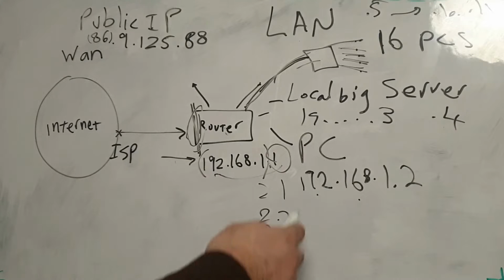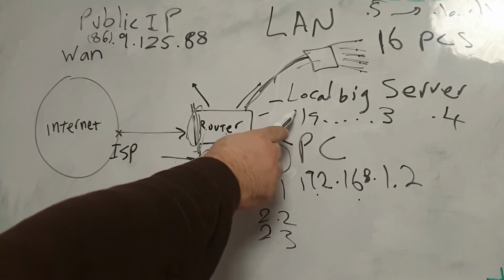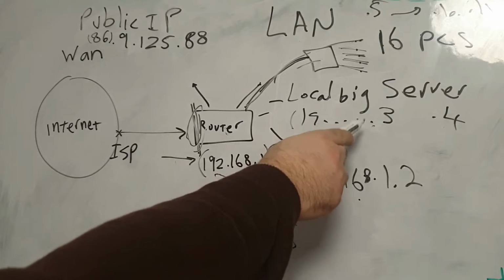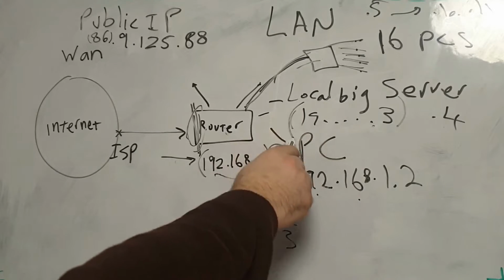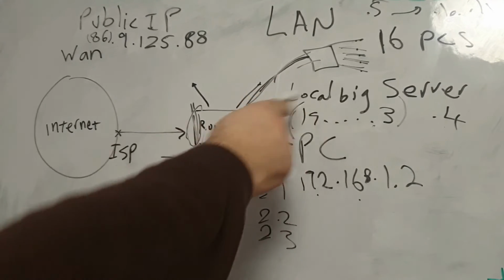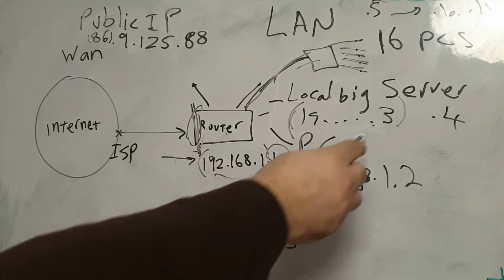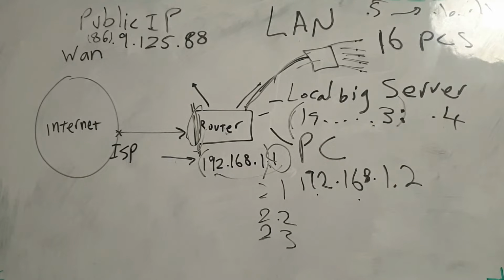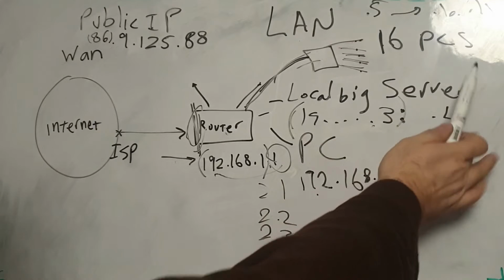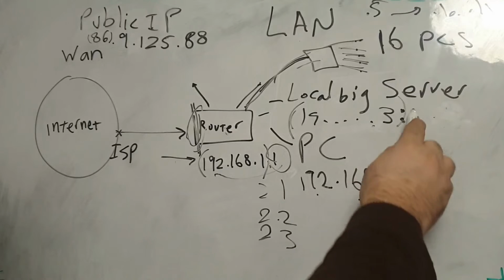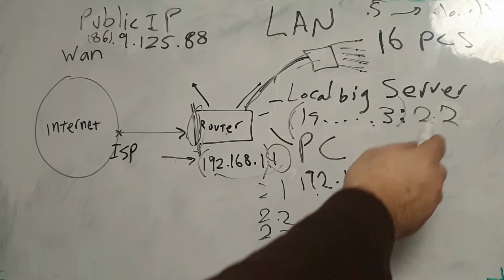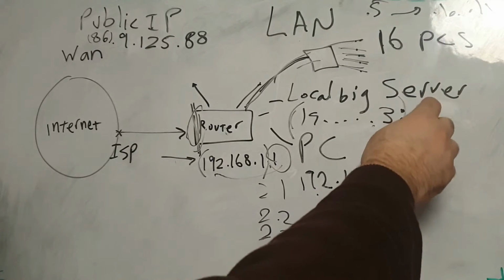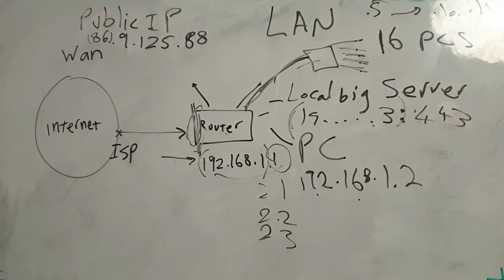So let's say in this server, 192.168.1.3 is the local IP address of the server, then different ports are shown like two columns, and then, for example, port 22 or port 443, for example.